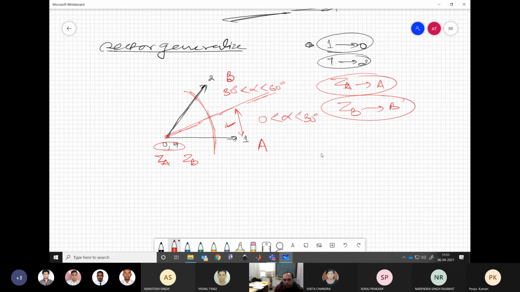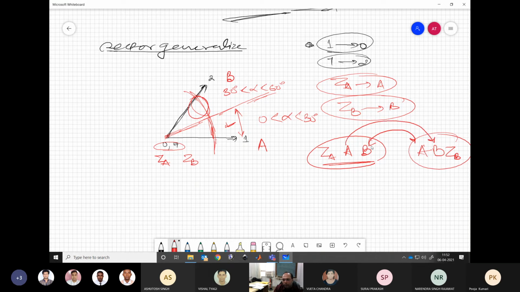Getting my point? So if you are applying, for example, a sequence like ZA, A, B in this particular part, then in here you will be applying the dual of that. What is the dual of that? A, B, ZB. So the dual of B is A, the dual of A is B, and the dual of ZA is ZB.